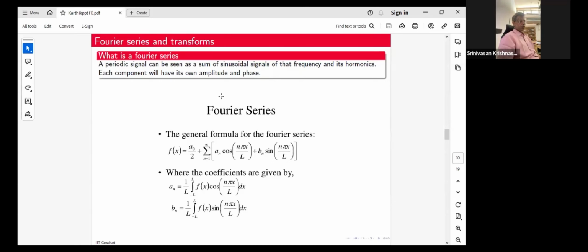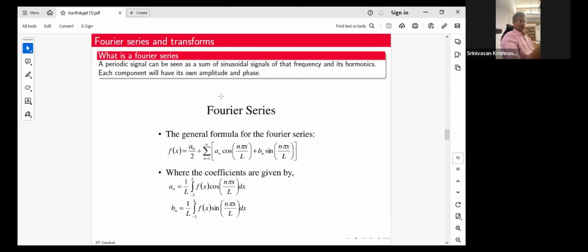What do we mean by a harmonic? The harmonics of a signal of frequency f are signals of frequency 2f, 3f, and so on, wherein the frequencies become integral multiples of the original frequency.